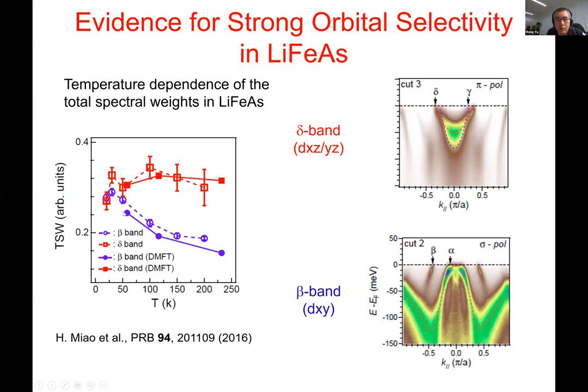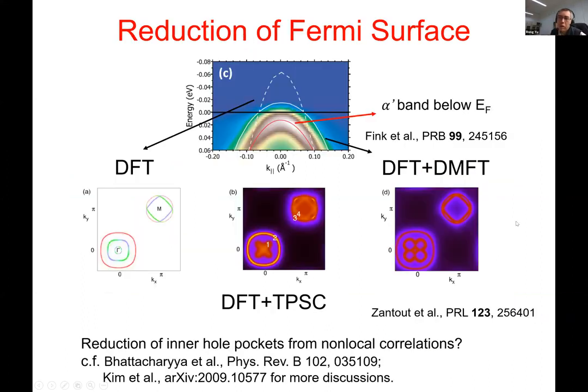So when increasing the temperature, they see the spectral weight in the XY orbital becomes reduced. However, the spectral weights for the XZ and YZ orbitals almost stay constant in this lithium-111 compound. So we studied the orbital selectivity in this lithium-111 compound.